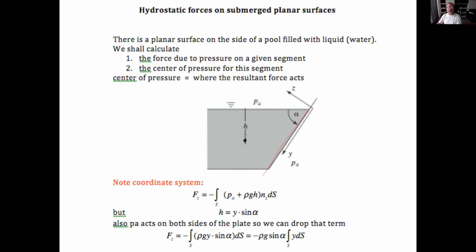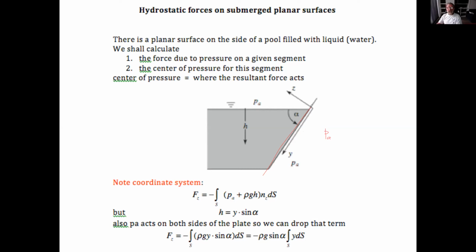The depth is H, as before, and outside is PA. But we're going to say in a minute that PA is also on this side. So delta P acting on that surface, eventually the PA will cancel. Okay? And there could be an angle.